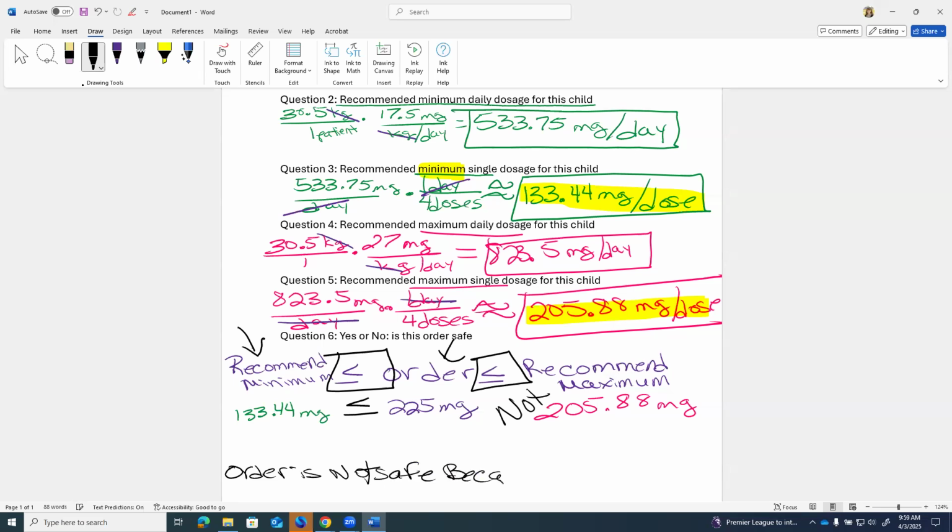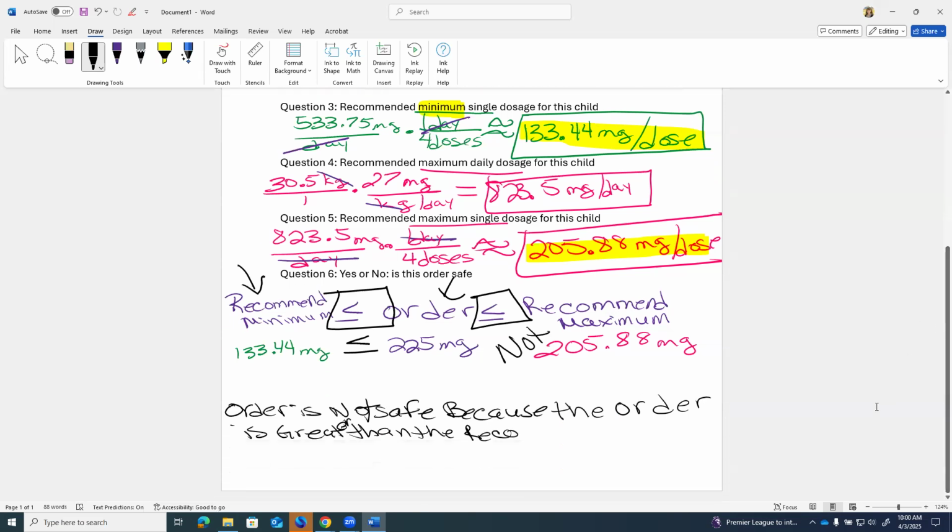Let me explain why it's not safe. The order is not safe because, and you can word this differently if you want, the order is greater than the recommended maximum safe dose. Let me correct some notation, guys.